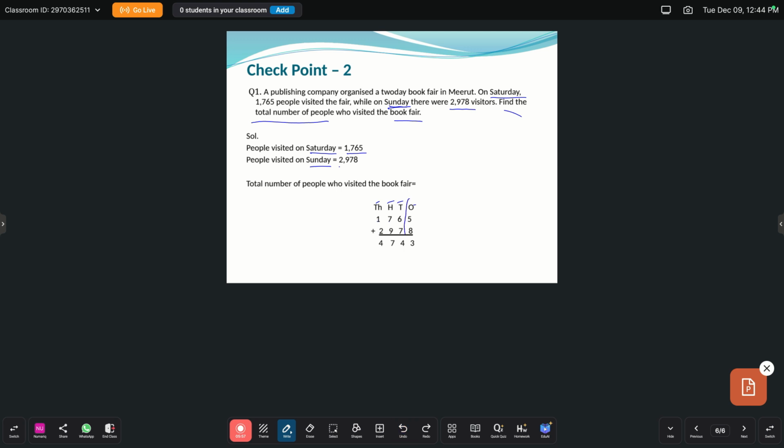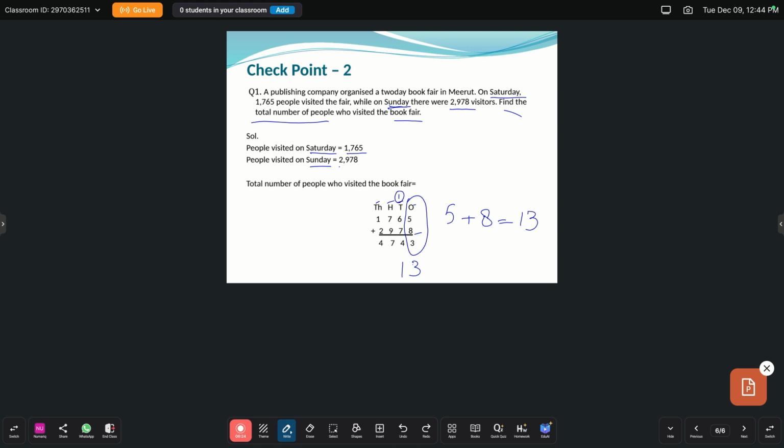We will begin with ones column. In ones column, we have the first addend 5 and second addend 8. So 5 plus 8 is 13. We will write only 3 at ones place. 1 we will give as carry over to the tens place.